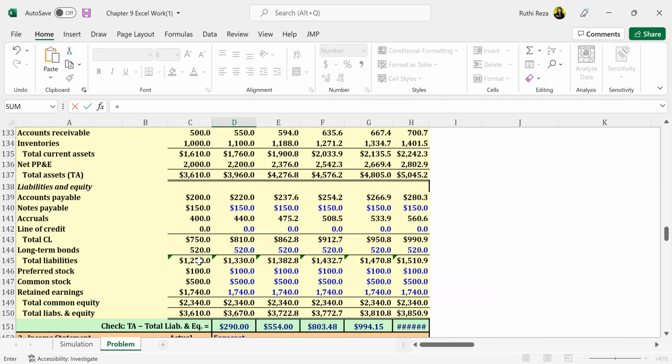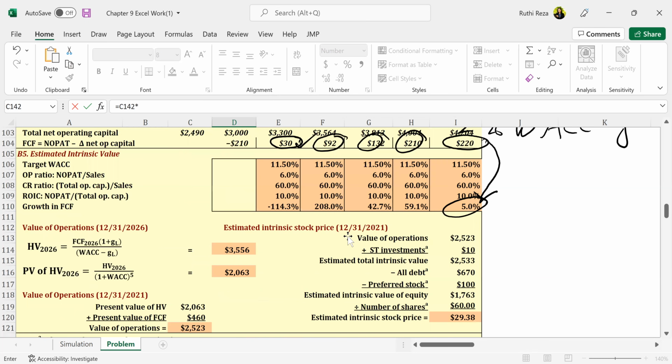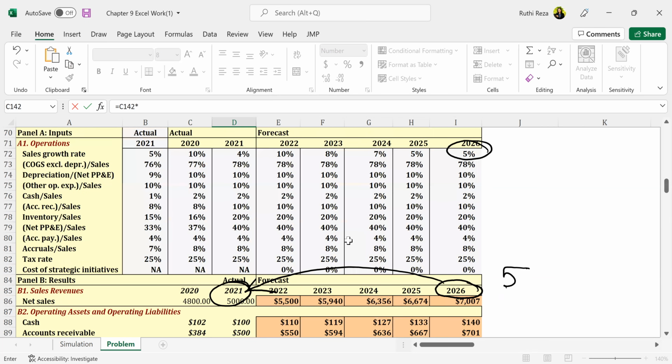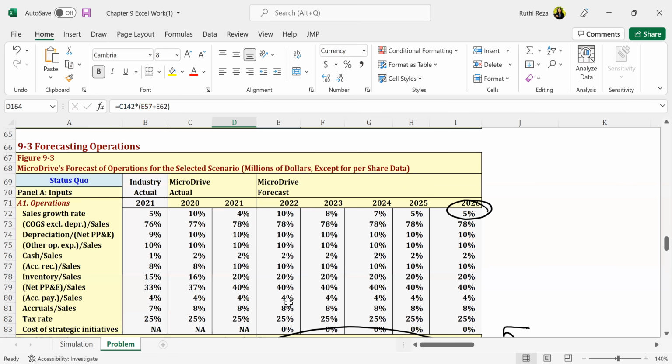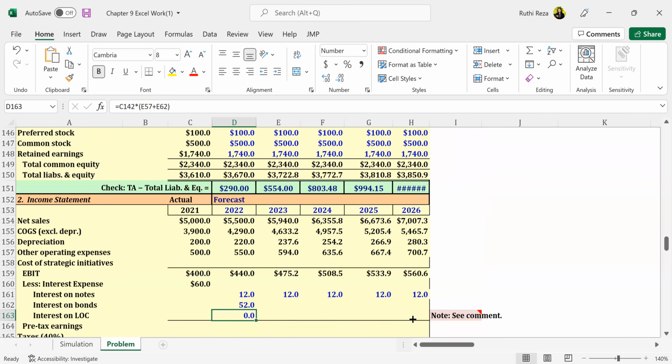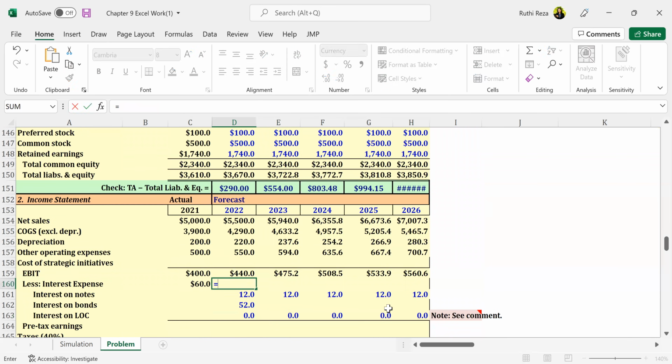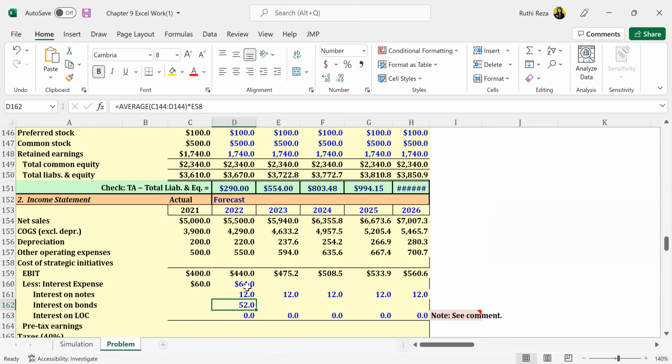So our beginning balance of line of credit here is 0 times our interest rate. So our interest rate on line of credit is short-term interest rate plus the spread for line of credit. And sum them up to get total interest expenses.